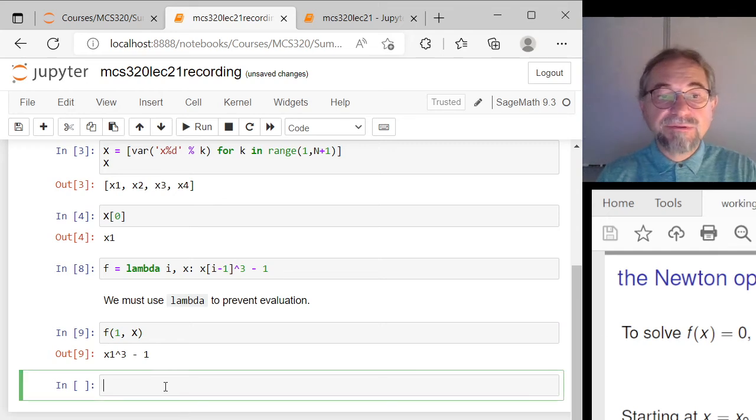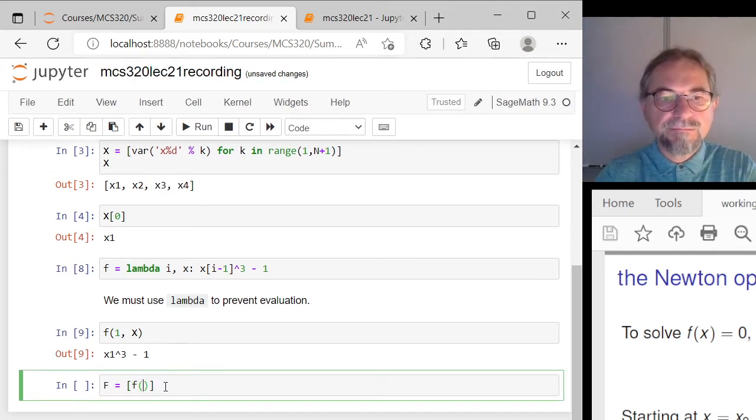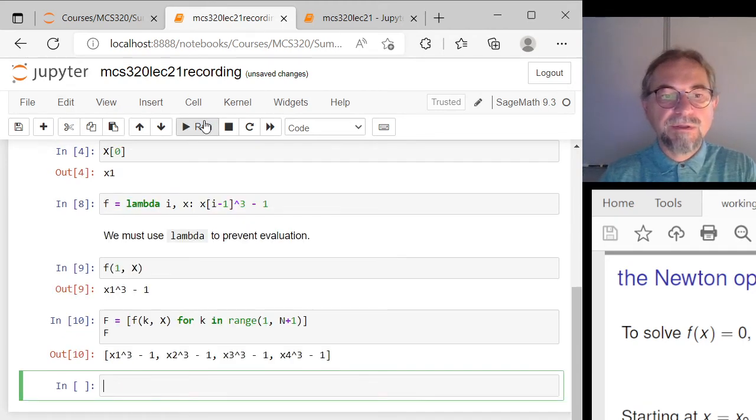Okay, so this allows me to define a whole sequence. Perhaps I will use k. Notice the difference between the actual parameters and the formal letters.